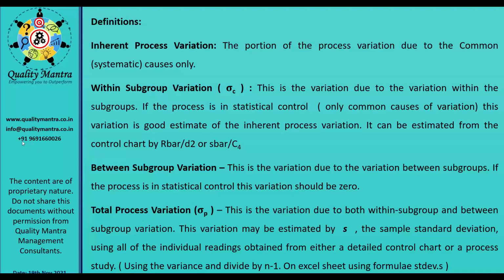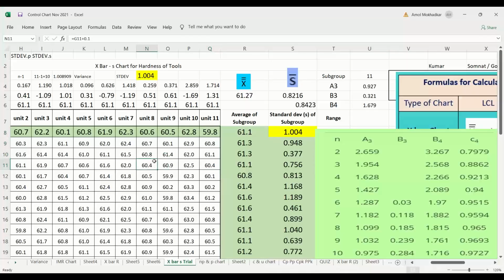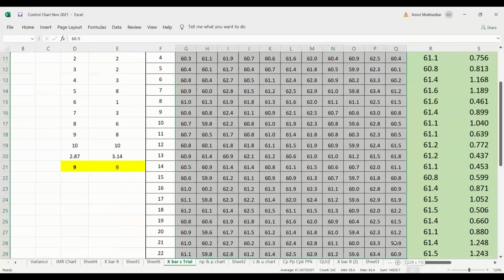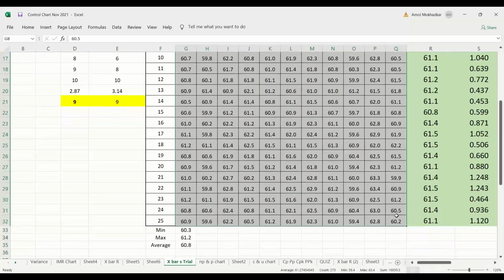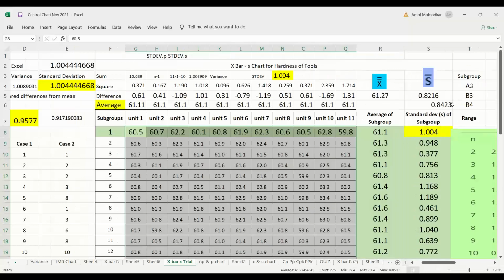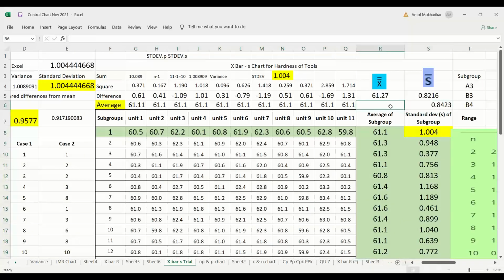So total process variation is the variation because of the entire data. The variation we calculated, 0.8423, is called within subgroup variation. But for total variation you use the formula STDEV.S and select the entire data.